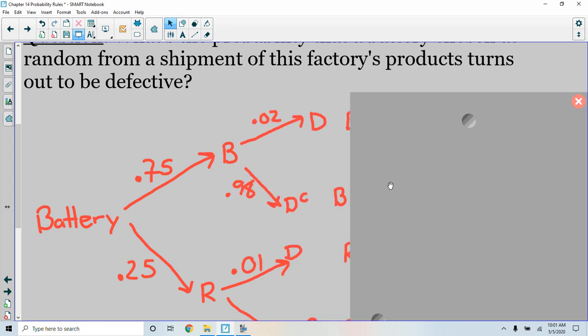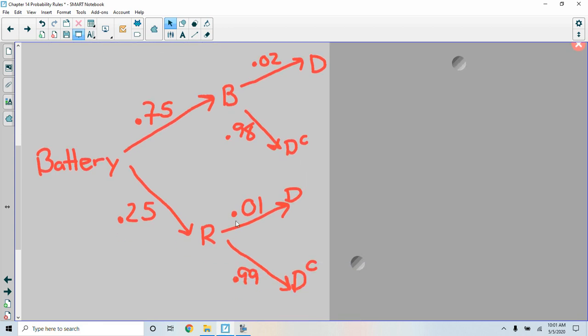And then of those regular batteries, 2% are defective, 98% are not defective. The rechargeables, 1% are defective, 99% are not defective. And so we can find all these probabilities, the probability of being regular and defective, regular and not defective, rechargeable and defective, rechargeable and not defective, just by multiplying using the multiplication rule.